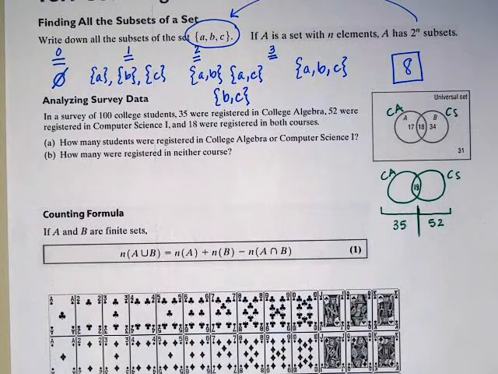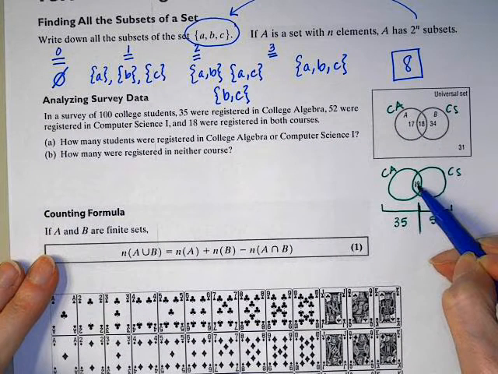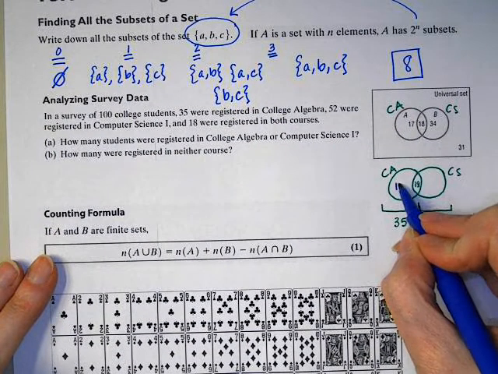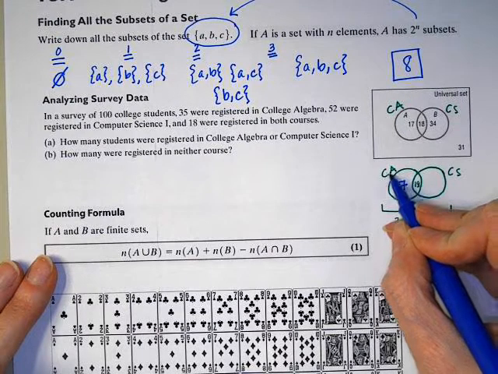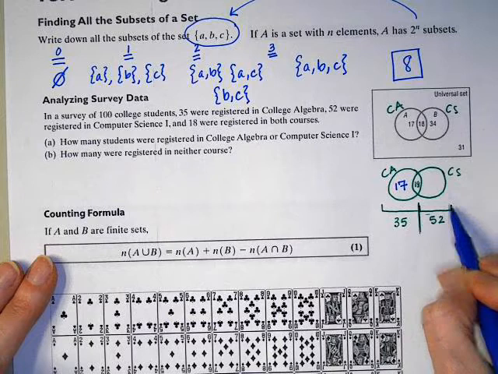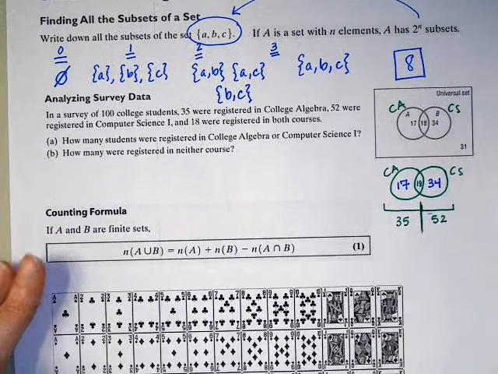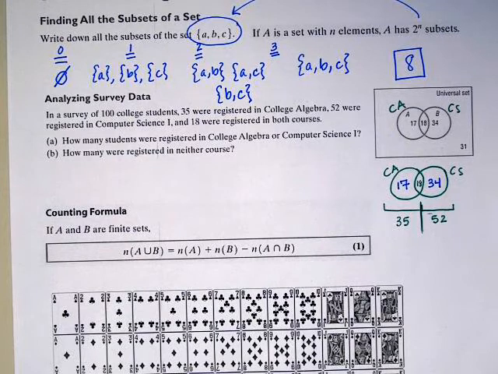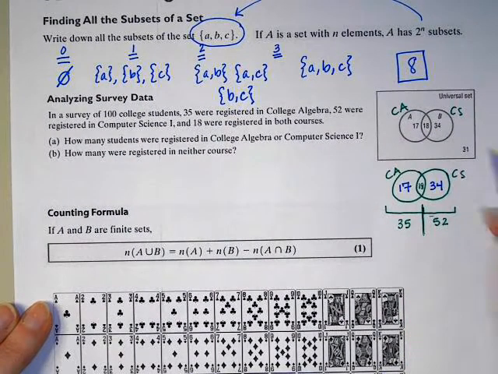This is how they got this picture. If we subtract 35 minus 18, that tells us that 17 were only enrolled in college algebra. And 52 minus 18 would be 34 enrolled only in computer science. I just wanted to show you where they got these numbers from.